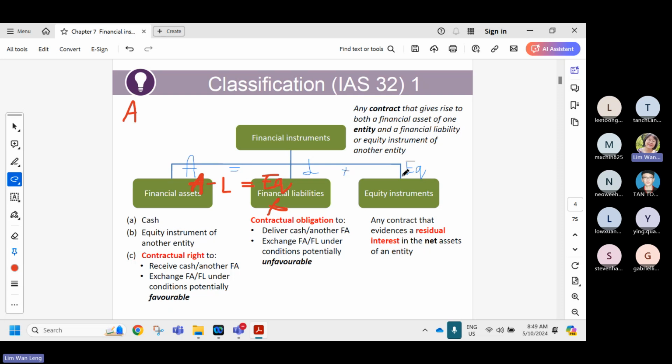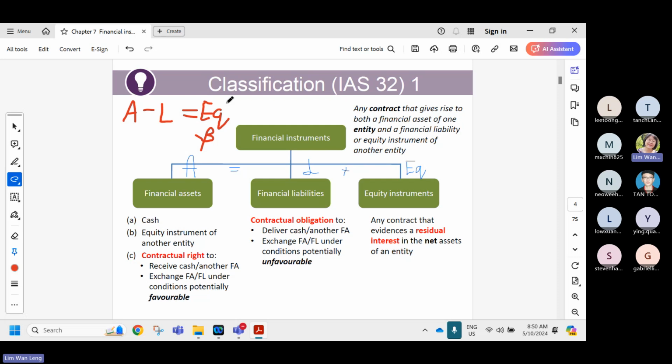If you rearrange the equation, assets equals liabilities plus owner's equity, it will be assets minus liabilities equals equity. In other words, after you remove all the liabilities from assets, you have the equity component. The equity component is always the residual, the remainder.